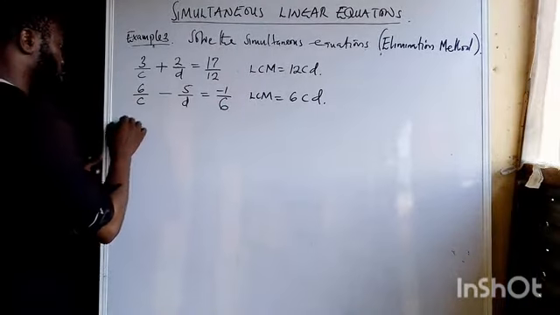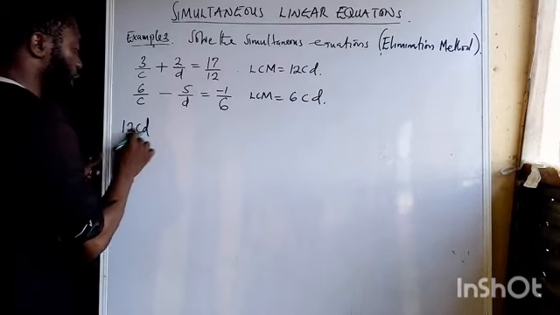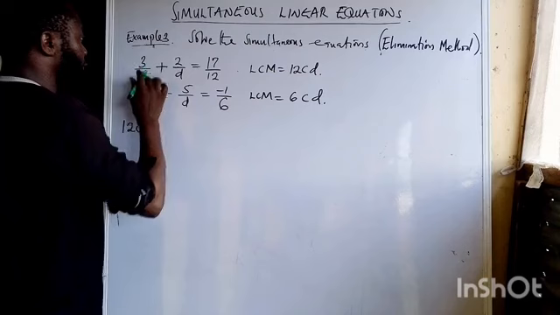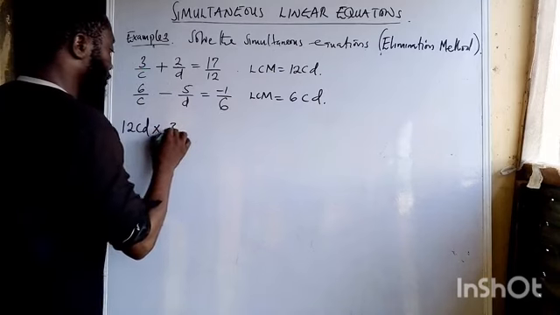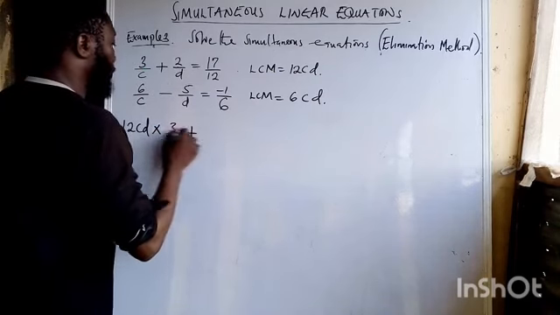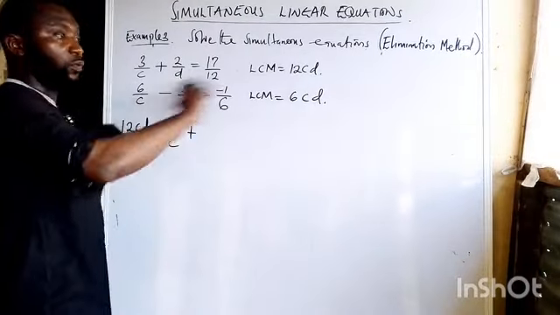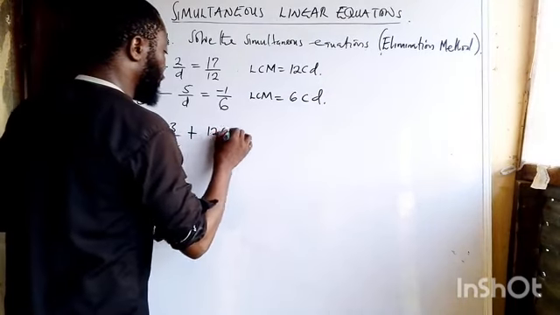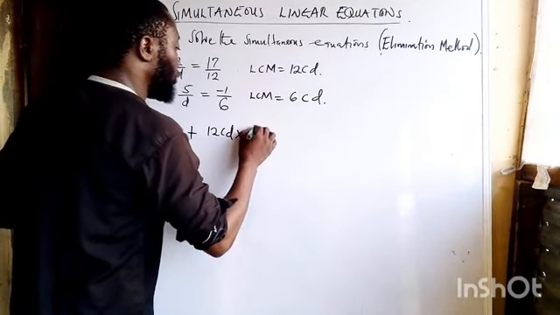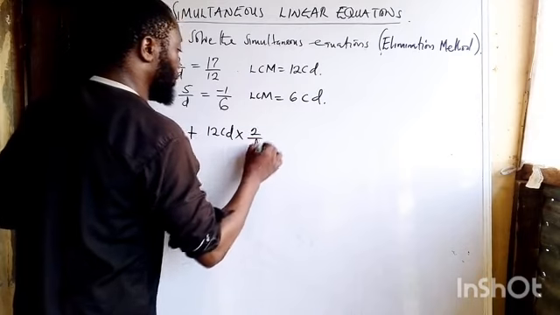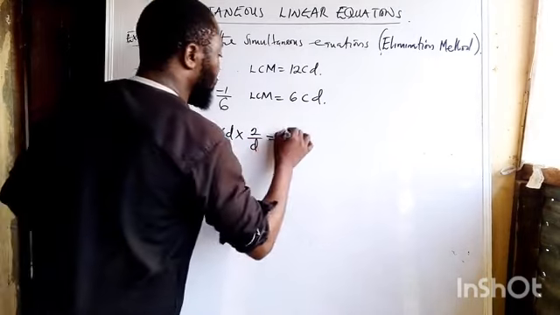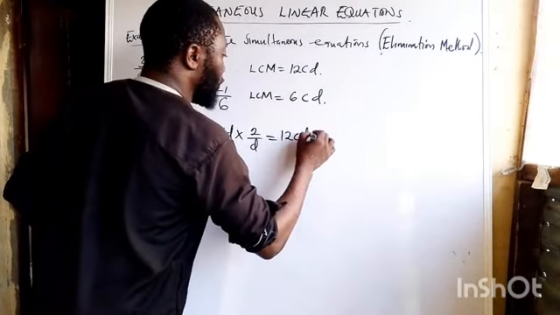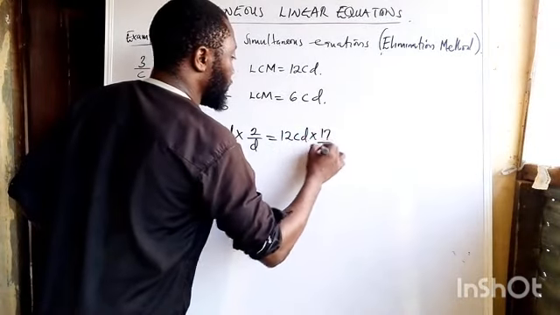So 12CD, which is the LCM, multiplied by the first equation, which is 3 over C, plus the same 12CD, you are multiplying through by the LCM, multiplied by 2 over D equals 12CD multiplied by 17 over 12.